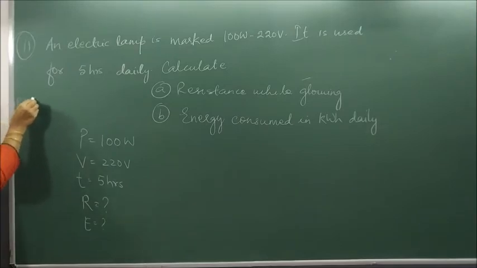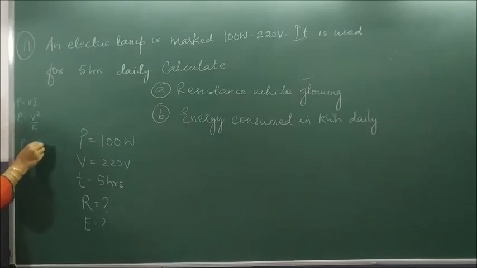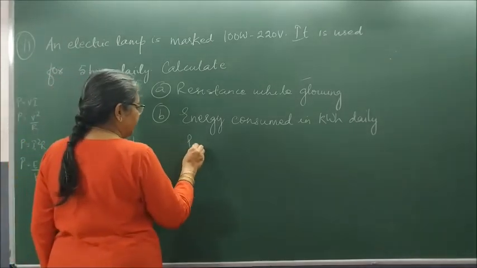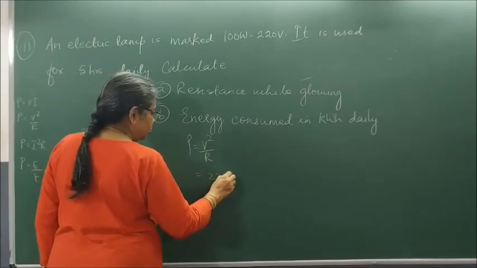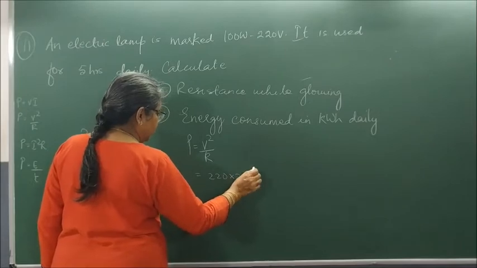P is equal to VI. P is equal to V square by R. P is equal to I square R. And P is equal to E by T. I need to find out R, but I don't have I. So which formula will I use? The second one, P is equal to V square by R. V is 220 into 220.